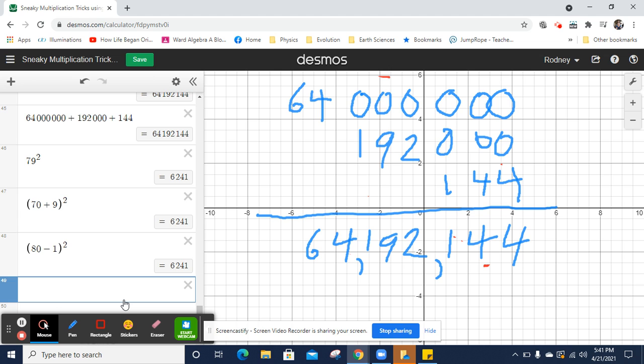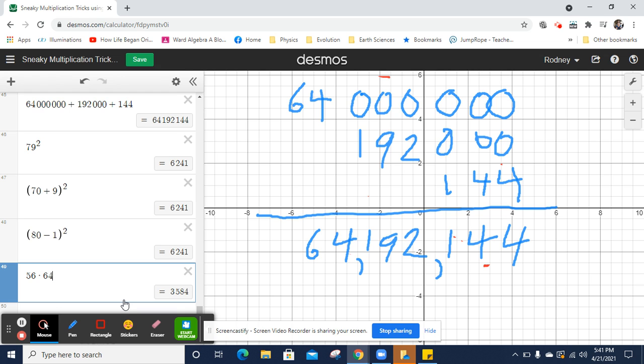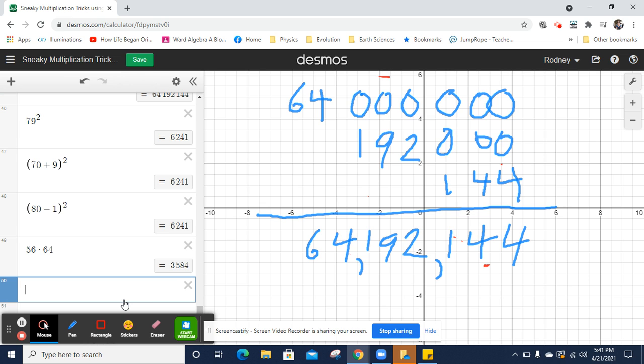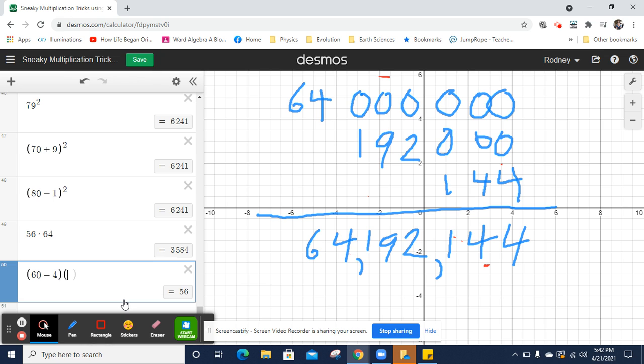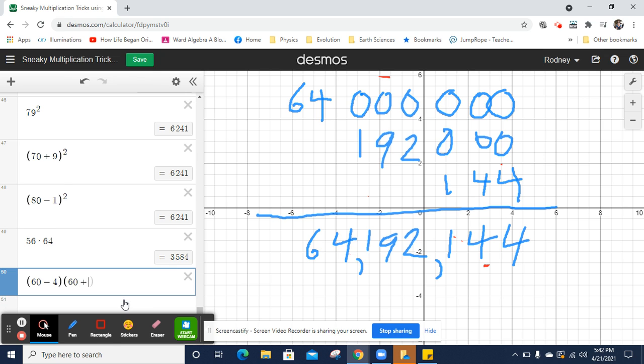If I gave you something like 56 times 64, you might notice that those are both 4 away from 60, and now we're dealing with a difference of squares structure. So we can say 60 minus 4 for 56, and then 60 plus 4 for 64.